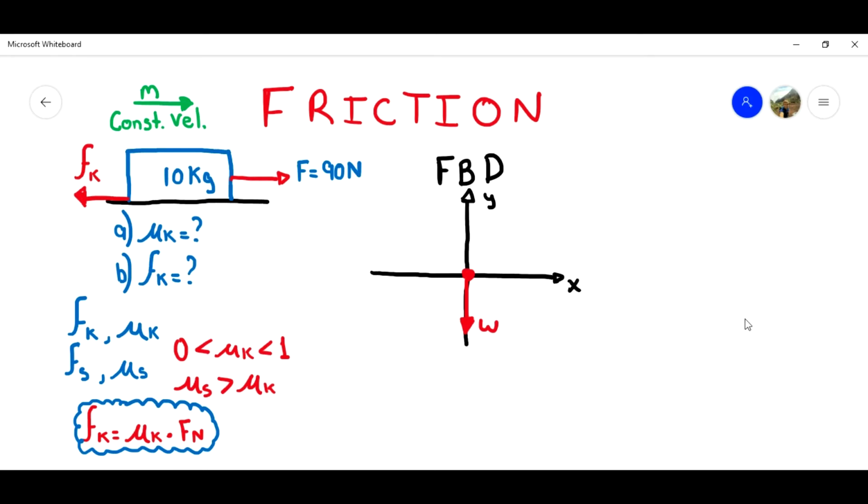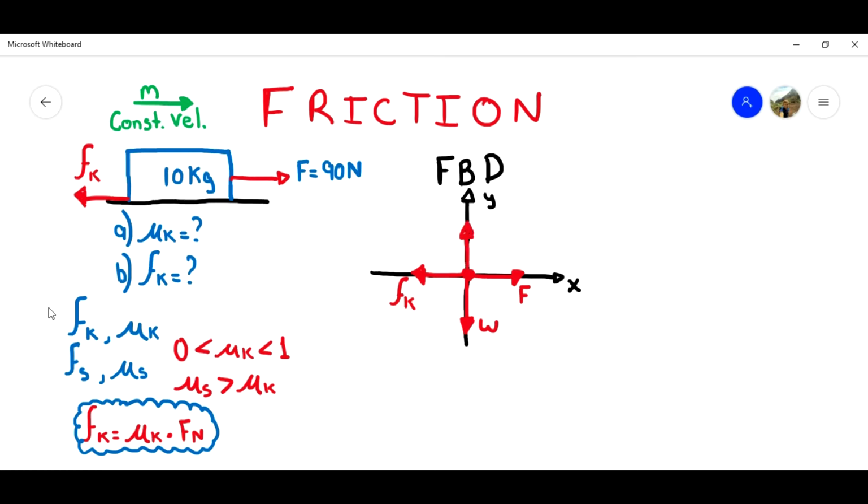And then we got the force, in this case it goes to the right. This is the force. The kinetic friction force goes against the motion, so it goes to the left. And the normal force, remember that every time we have a surface and the block is in contact with that surface, it is perpendicular to that surface and opposite to the weight.